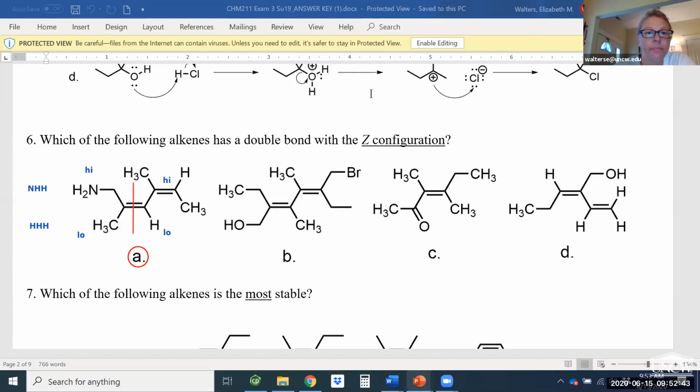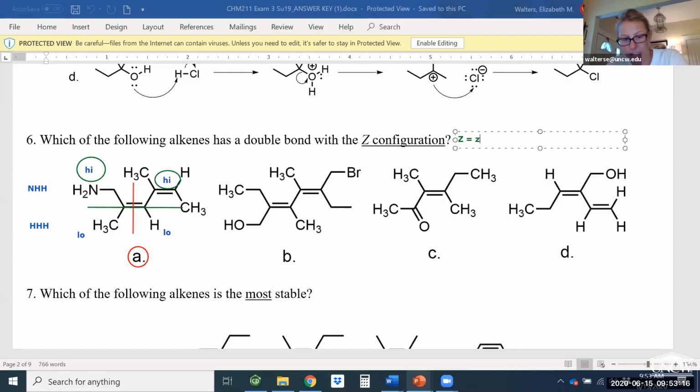Then you draw a line across the pi bond like this, and you find that you have high here, high here. So they're on the same side. So A is Z.